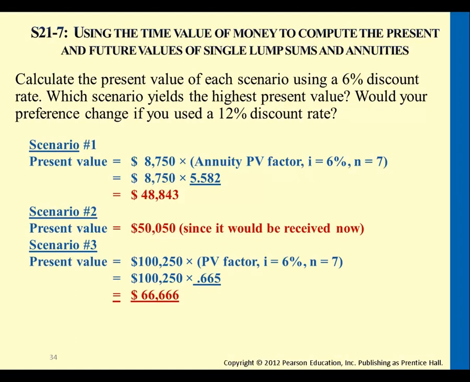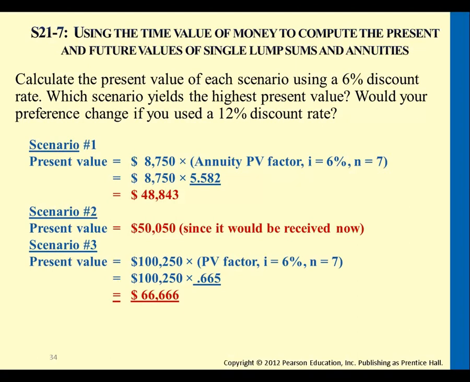He says that it's $8,750 per year for 7 years. So when I use my table, I find that my annuity factor is 5.582. So if I were to get that amount right now, that would be $48,843. Okay?